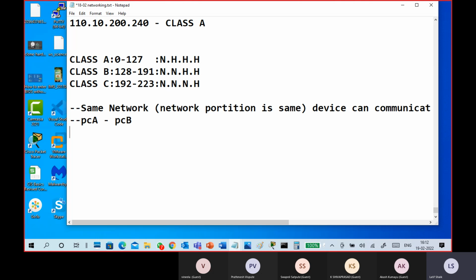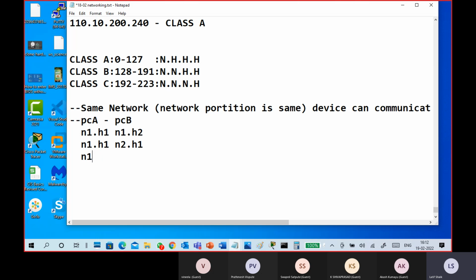For example, this is network 1, host 1 and this is network 1, host 2. Both can communicate with each other. But if this is network 1, host 1 and this is network 2, host 1, they won't communicate with each other.